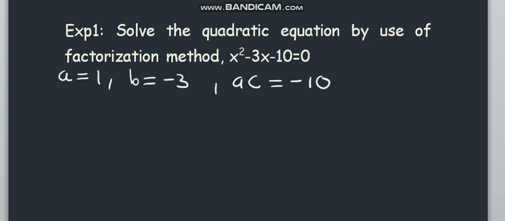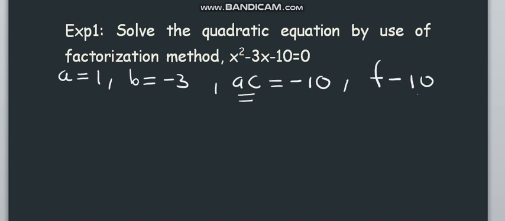They are telling us to use the factorization method to solve the quadratic equation. Therefore, students, they need us to use factors to solve it. We are going to look at the factors of the product, the factors of -10.